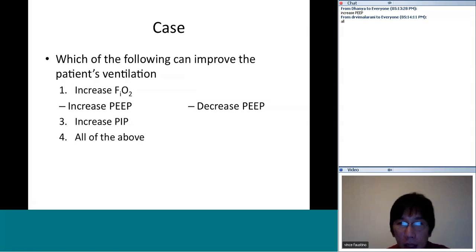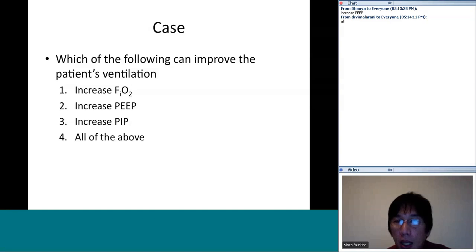Okay, next question. Which of the following can improve the patient's ventilation? Increasing your FiO2, increase your PEEP, increase your PIP, or all of the above?